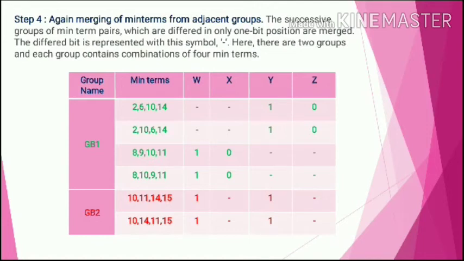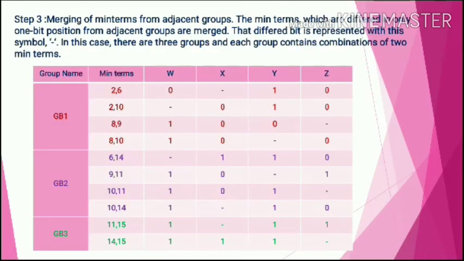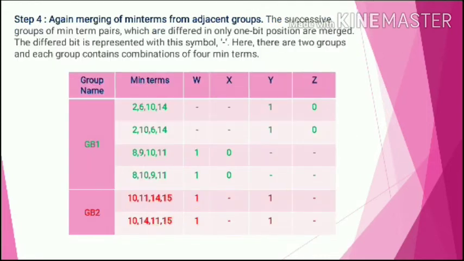Okay. Then compare GB2 and GB3. The minterms 10, 11, 14, 15 change in only one bit position, so take those minterms as a pair.